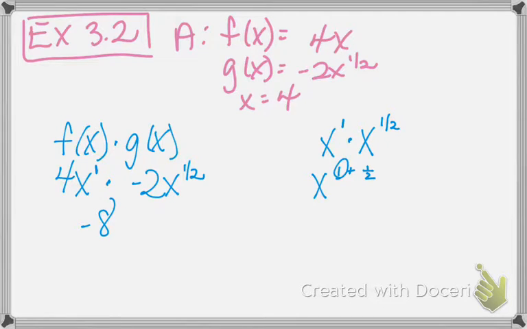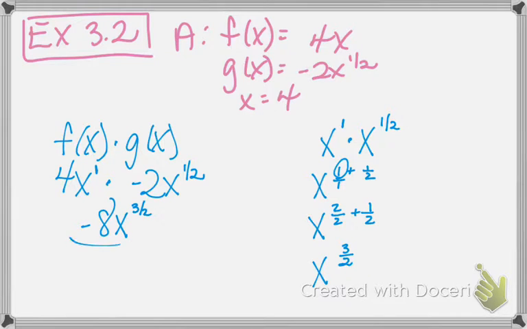I can change this number into 1 over 1, or really 2 over 2. I need the same denominator. Again, you could type 1 plus 1/2 into your calculator, press equals, and then math, and then fraction. It'll give you the exact same thing. But the long way is going to be x to the 3/2 power.